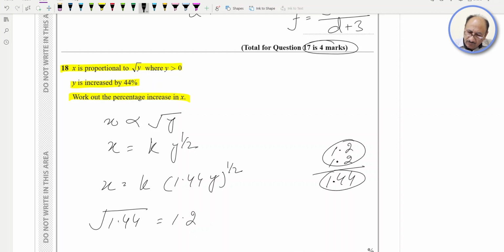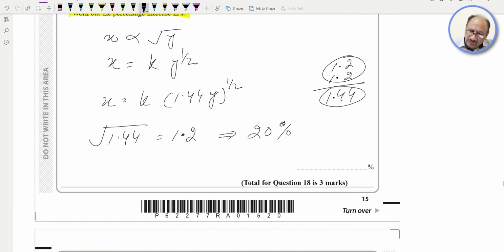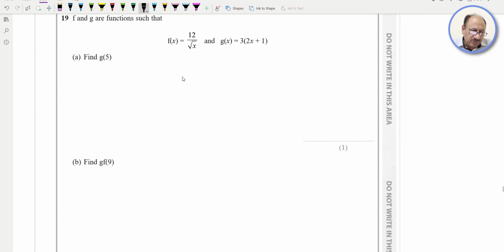So this will be 1.44. We can write 1.2 square under root. Square and under root will cancel, so under root of 1.44 will be equal to 1.2, and 1.2 in terms of percentage is 20%. This will be our answer. So 20 will be here, and the percentage symbol is already there. This was a 3-mark question. Now we can move to question number 19, which is a functions question.